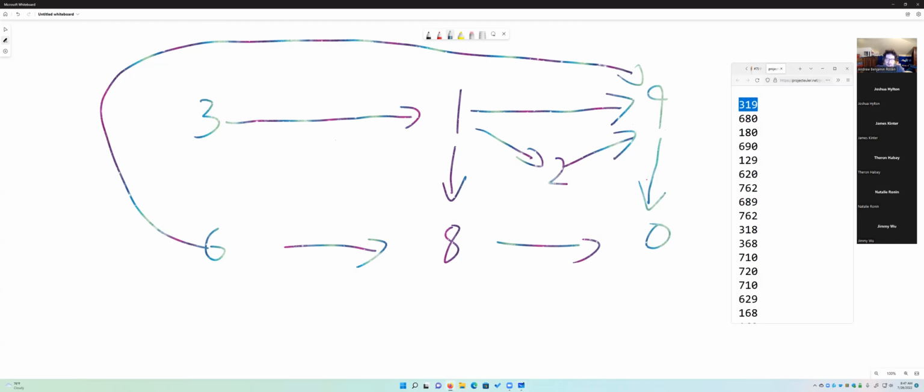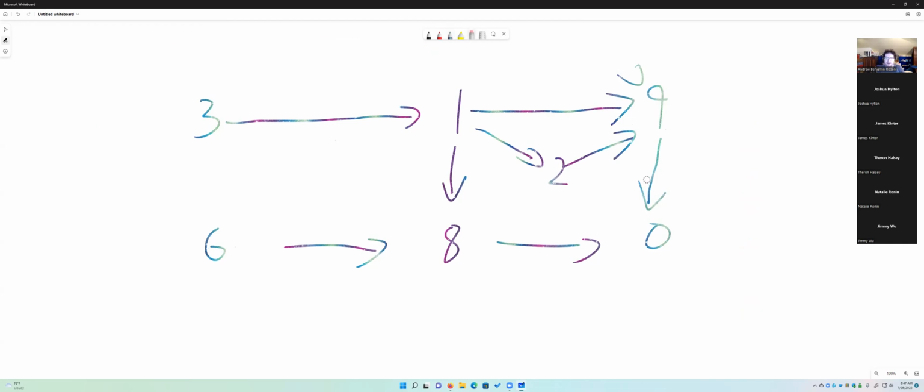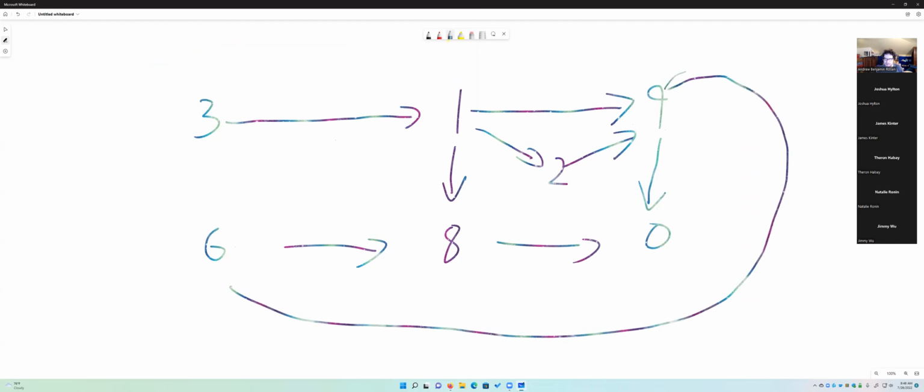620. So 6. Let's go ahead and redraw this, try to make it as much of a planar graph as I can. So 690 was one we did.